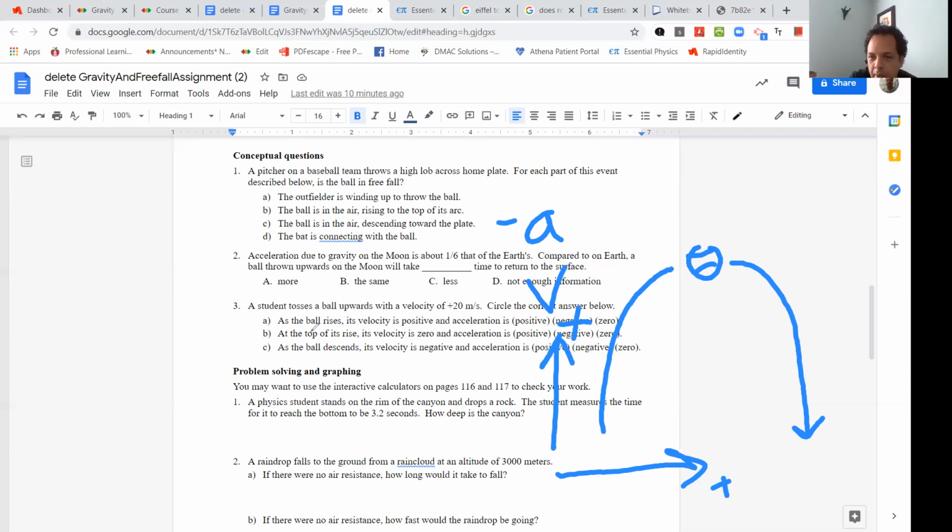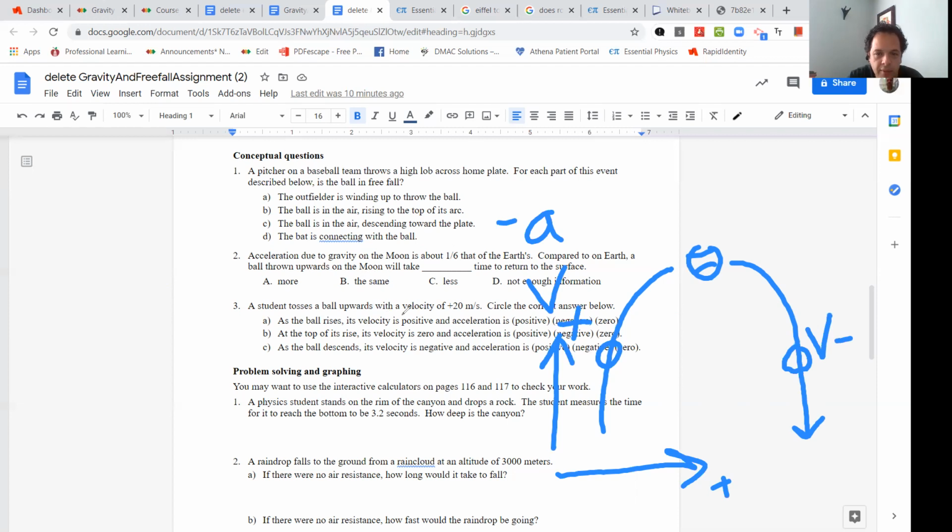So as it's going up, it slows. And as it's coming down, it gets faster going down. So velocity will be negative going down. Right? Because velocity depends on what direction it's moving.